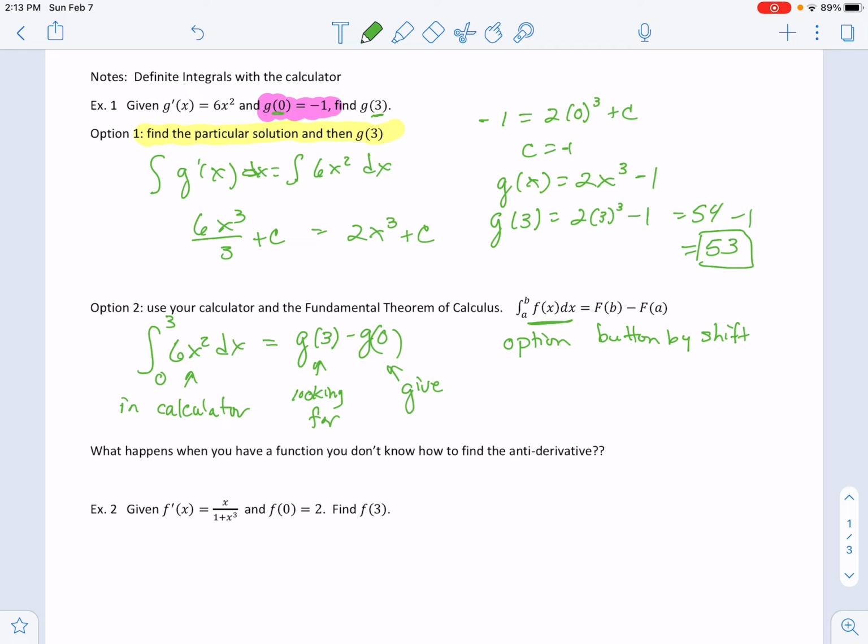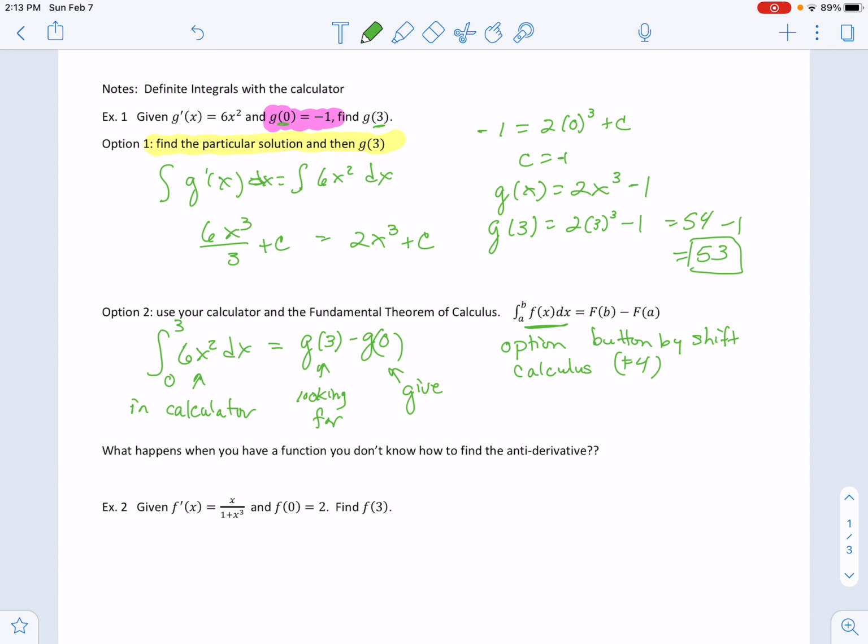So you push option, then you do calculus, that's F4. And then you push F4 in the integral, that's F4. And then you just type the data in.